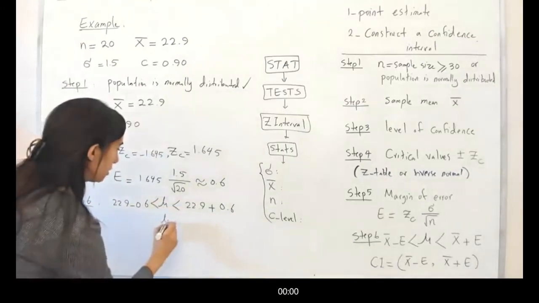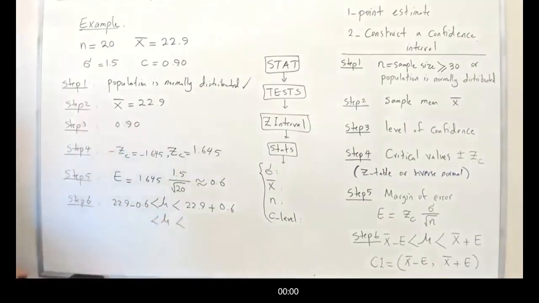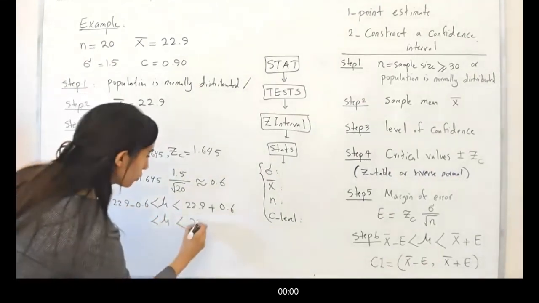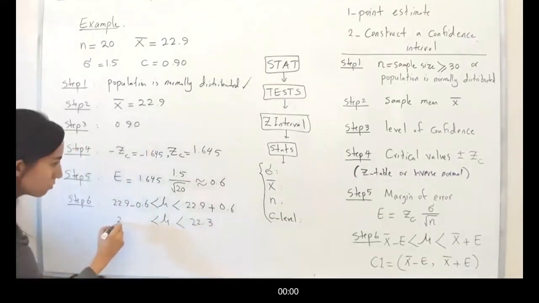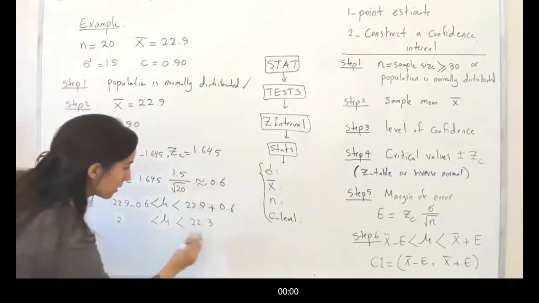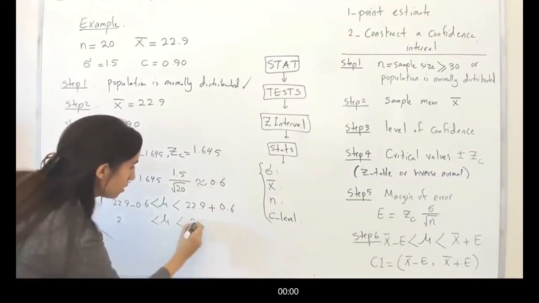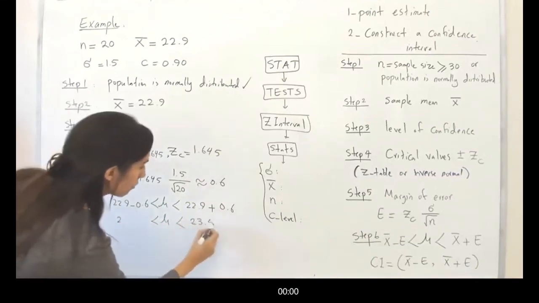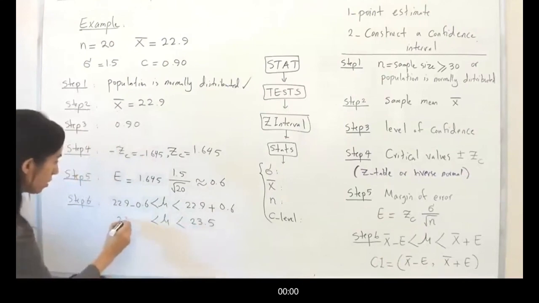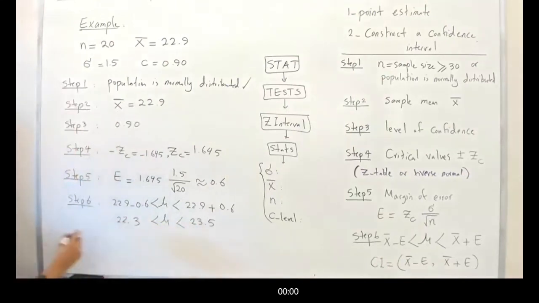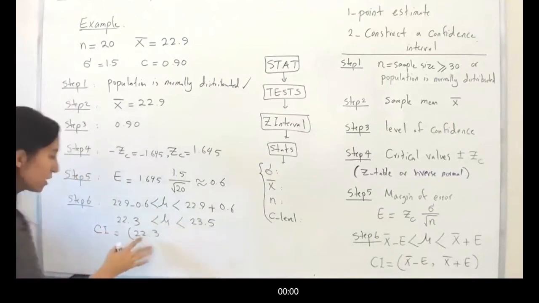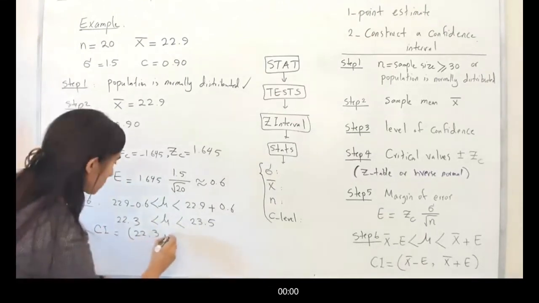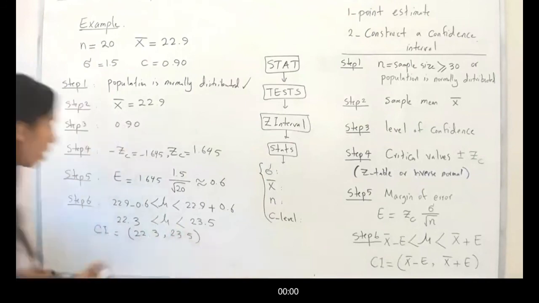Your population mean is in between 22.3 and 23.5. So our confidence interval can be written as 22.3, the lower bound, and 23.5, the upper bound.